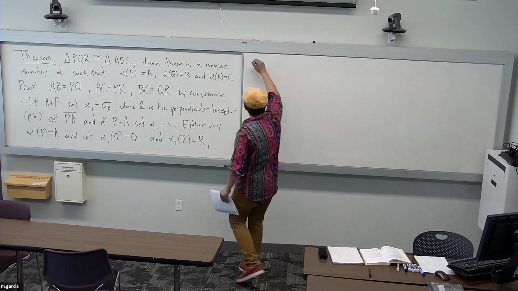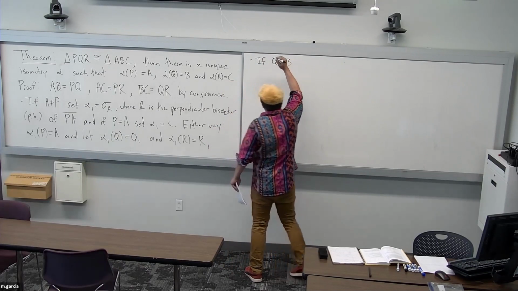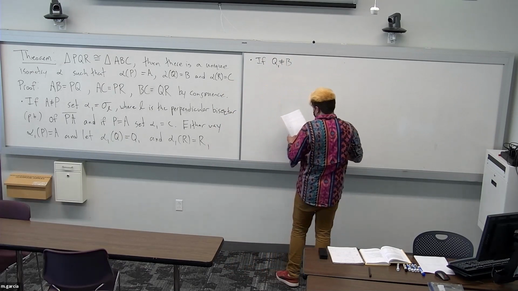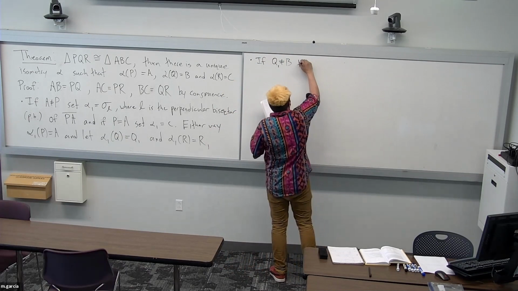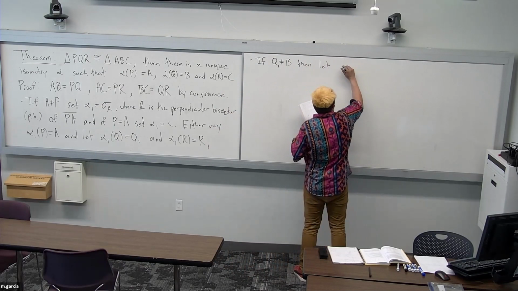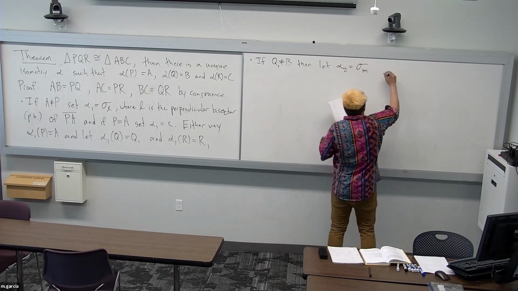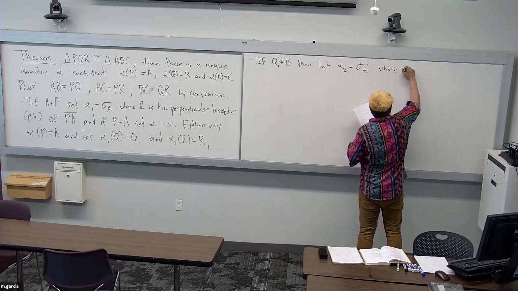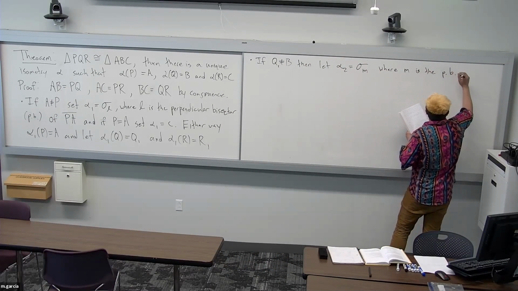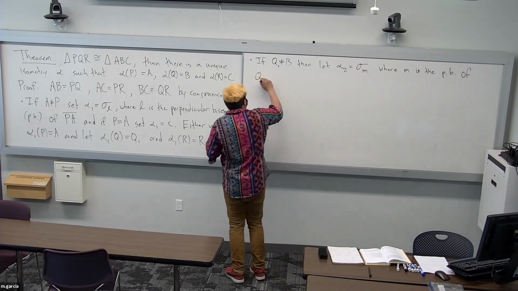So we'll start the same way. If Q1 is not equal to B, then let alpha 2 be equal to sigma sub m, where m is the perpendicular bisector of the line segment Q1B.